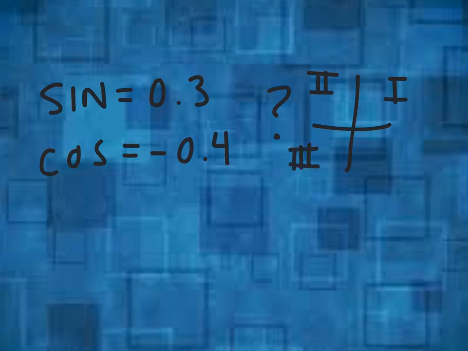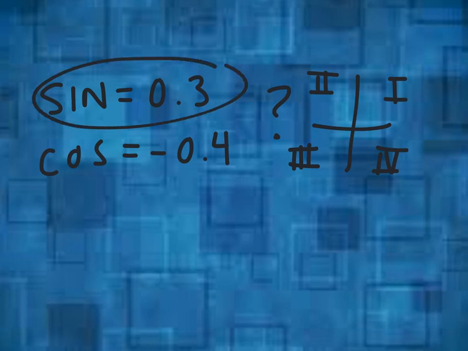What if they said the sine is 0.03 and cosine is negative 0.4, and they wanted to know what quadrant you're in? Well, that's an interesting question. So which one am I in if those are the values that I have? So sine is positive, so we know that it has to be either in here or here.